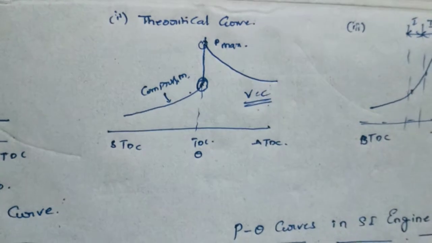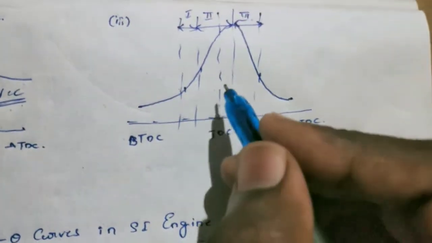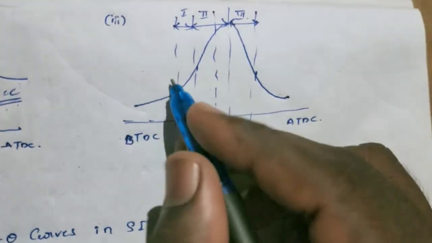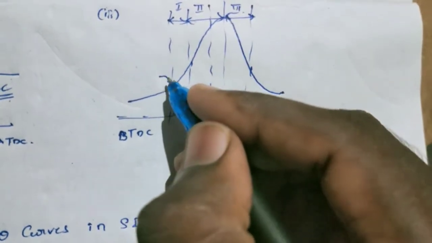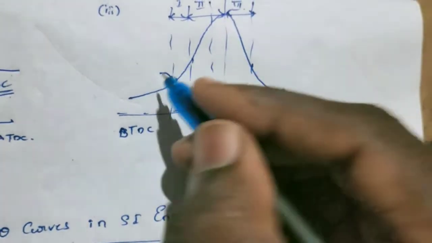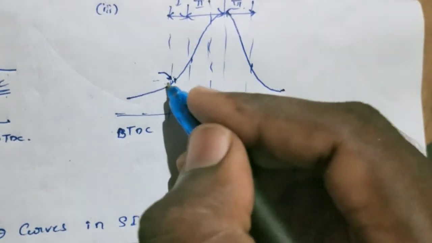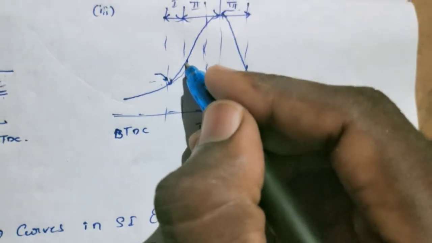So let us discuss the actual case, how it is done. Here in the combustion, the spark plug ignites the spark before TDC. Before TDC it ignites the spark, and it takes some time to start the combustion.